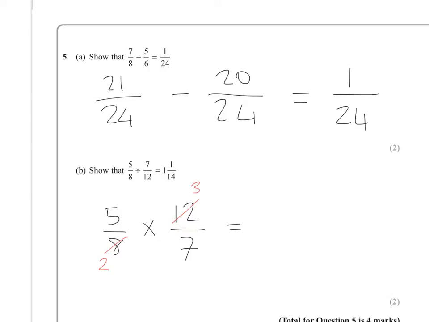This now makes our multiplication slightly easier. 5 times 3, 15. 2 times 7, 14. 14 goes into 15 once, with a remainder of 1/14.